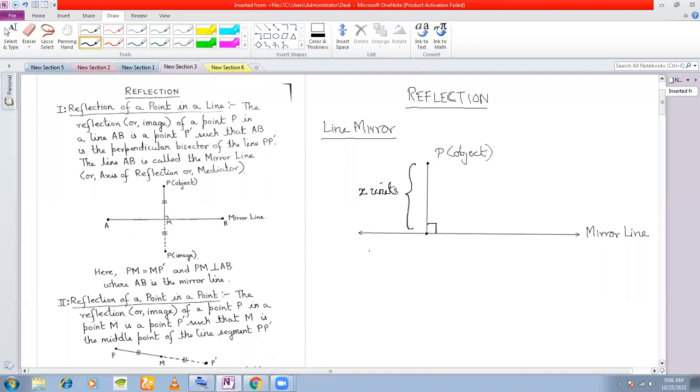Now see this point, the foot of this perpendicular here. From this foot of the perpendicular, you extend this straight line up till x units.